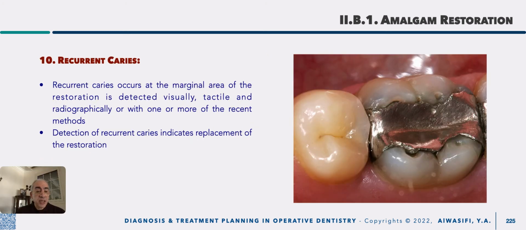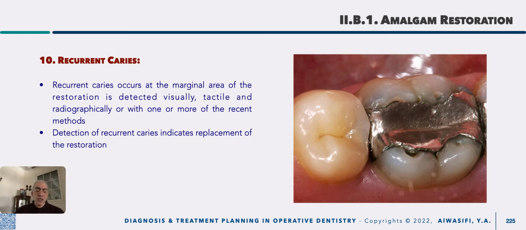Finally, recurrent caries, which appears at the marginal area of restoration, is detected visually, tactilely, and radiographically, the same as for an initial or primary caries lesion. By all means there is no means of repair for such a restoration, whether it is amalgam, composite, GIC, gold, whatever the type.